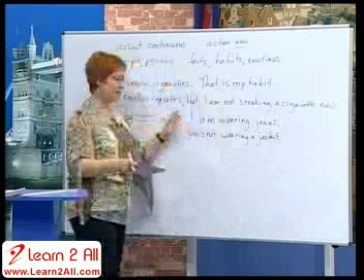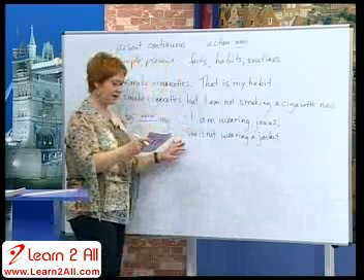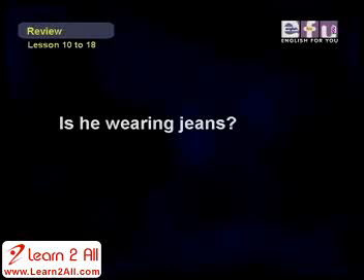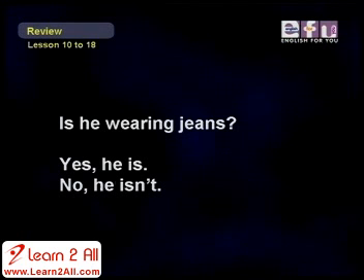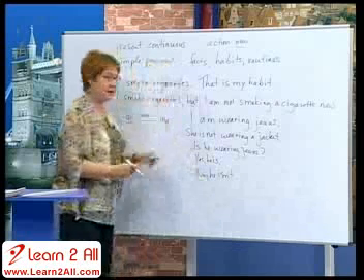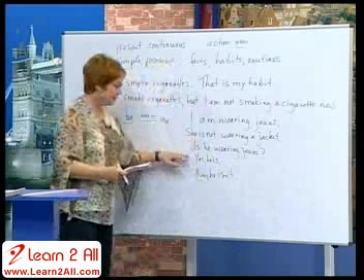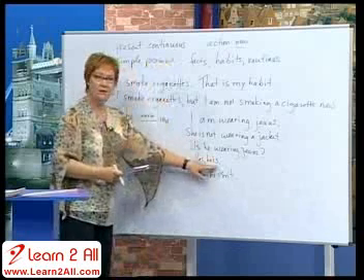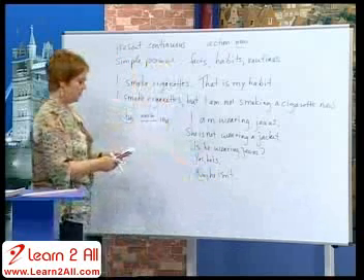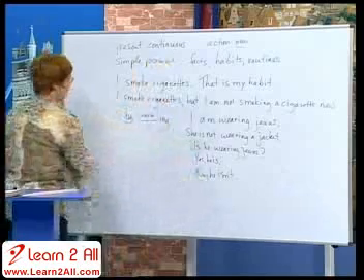Here's the question. Is he wearing jeans? Yes, he is. Or, no, he isn't. Now remember, if the question begins with a be verb, it's a yes-no question, and you answer with the right be verb. Okay? Now, we can also ask information questions.